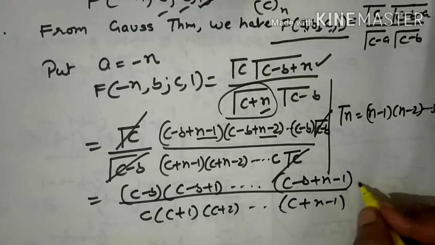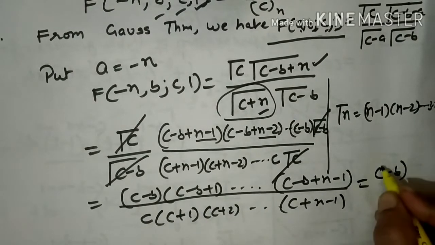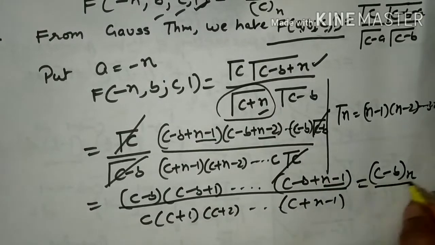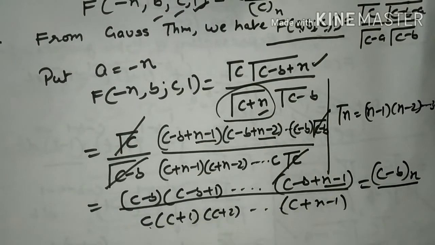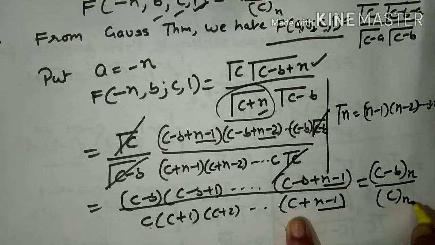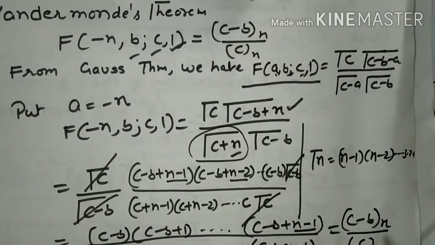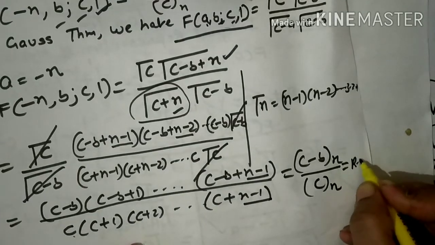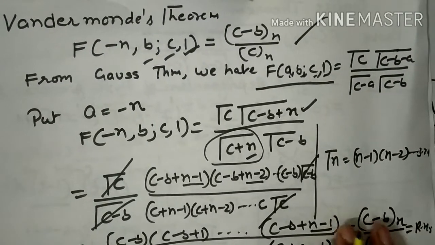So we go on adding 1 up to n minus 1, so it is the Pochhammer symbol of c minus b. Similarly in the denominator we start from c and add 1 up to n minus 1, so it is the Pochhammer symbol (c)n. So this is what we needed to prove, and that is equal to the right hand side. So this proves Vandermonde's theorem.